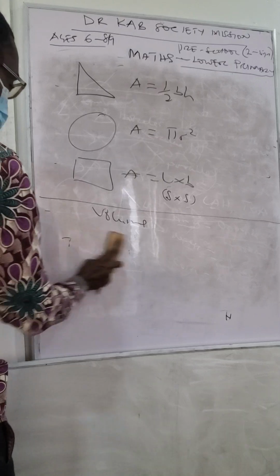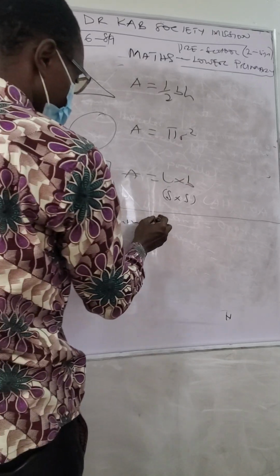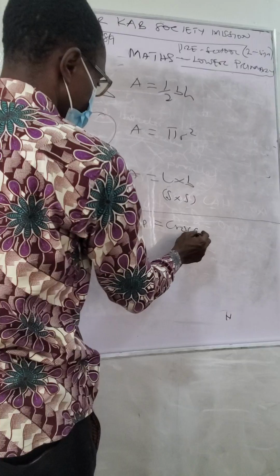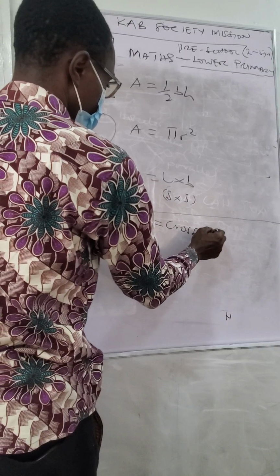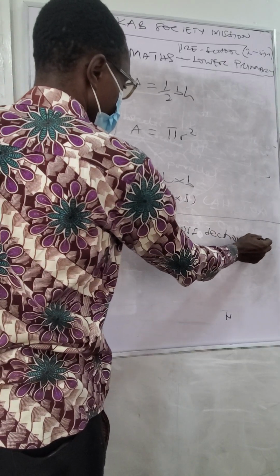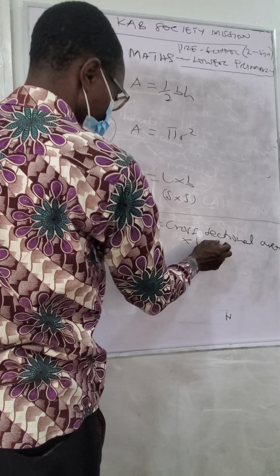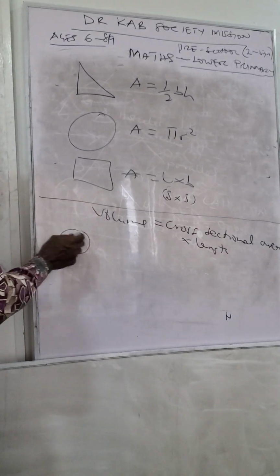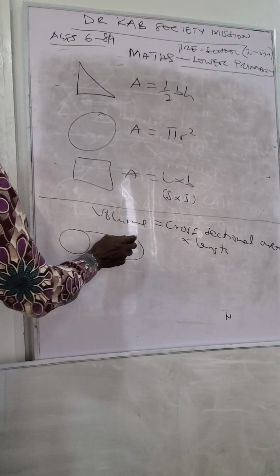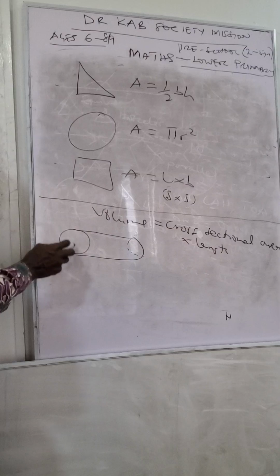When it comes to volume, volume is always equal to the cross-sectional area times length. If I have this and I want to get my volume, you look at the shape of the cross section, which is a circle.